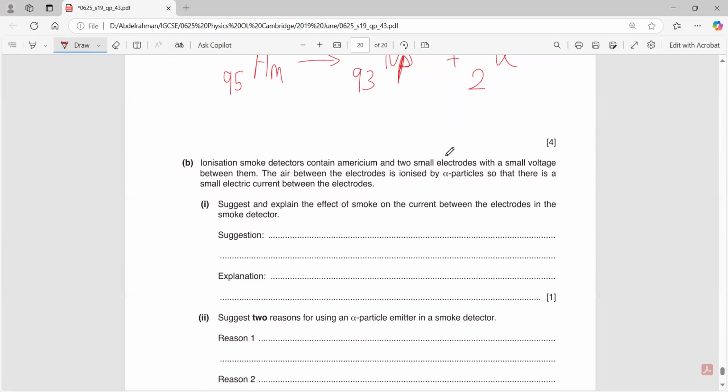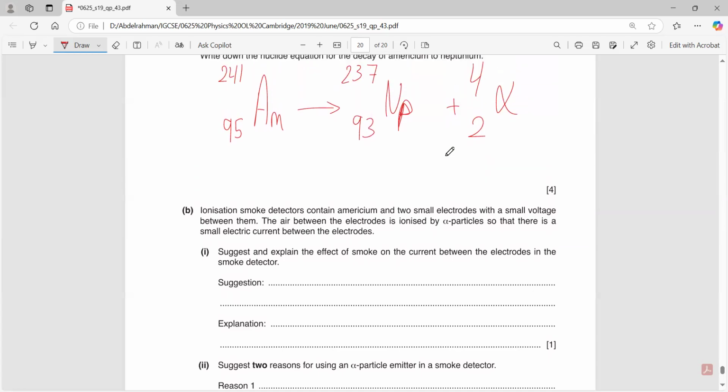Ionization. Smoke detectors contain americium and two small electrodes with a small voltage between them. The air between the electrodes is ionized by alpha particles so that there is a small electric current between the electrodes. The air is ionized and the electrodes conduct electricity, so it's fully operating.